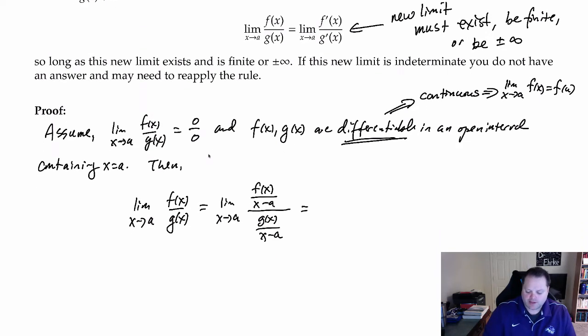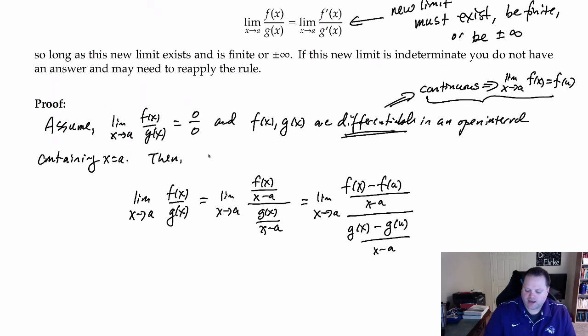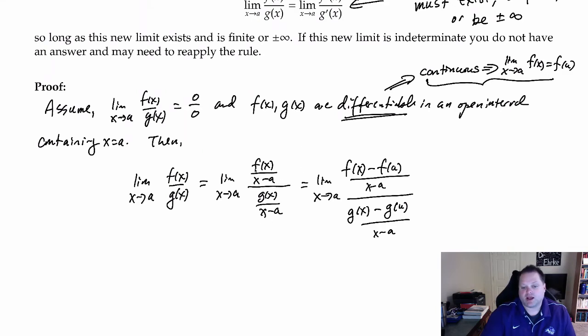Okay, next, I'm going to use the line of reasoning that we just outlined here to say, well, okay, because I know that f of a is 0 and g of a is 0, then I can take f of x minus f of a over x minus a, and g of x minus g of a over x minus a, and this will be the same thing as what I have right here.